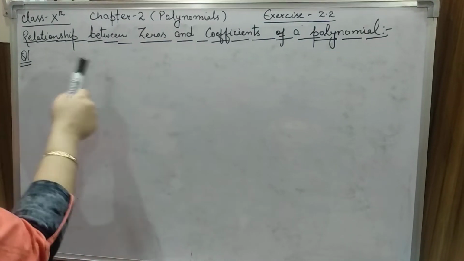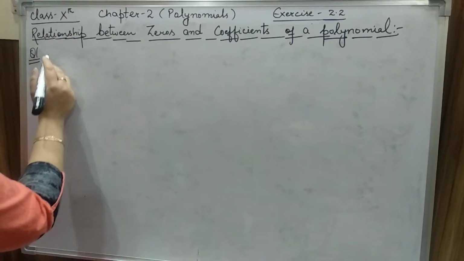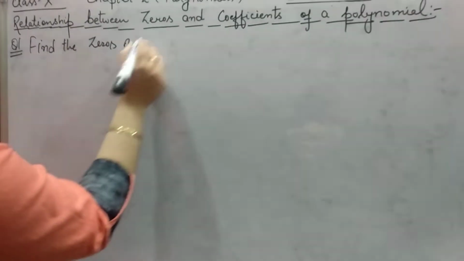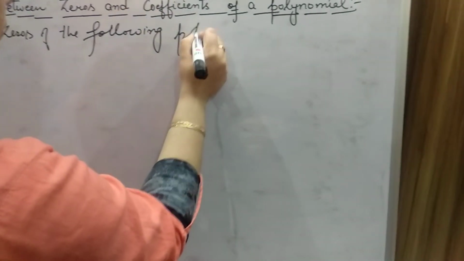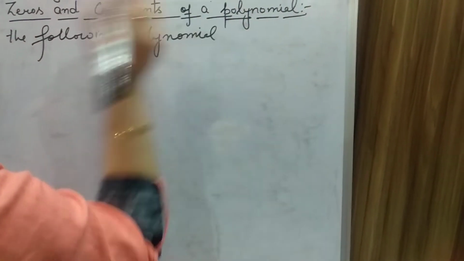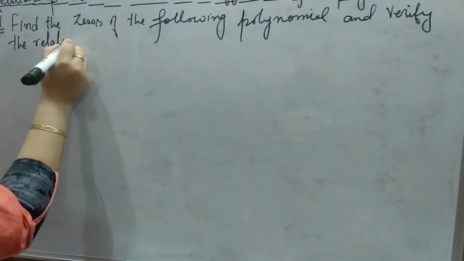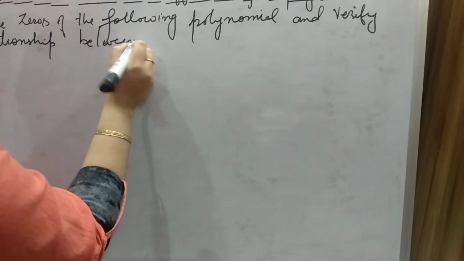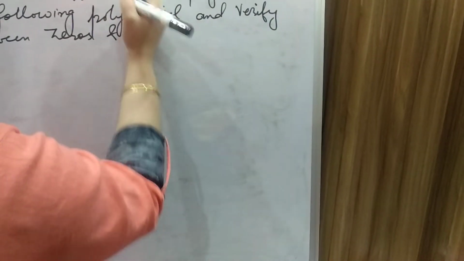Find the zeros of the following quadratic polynomials and verify the relationship between the zeros and the coefficients.